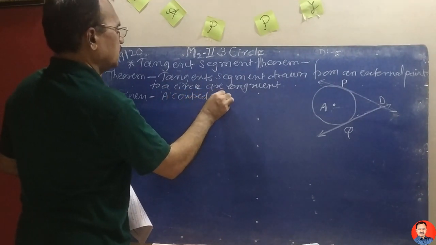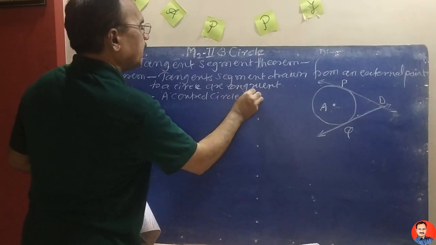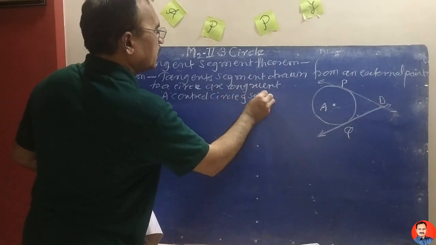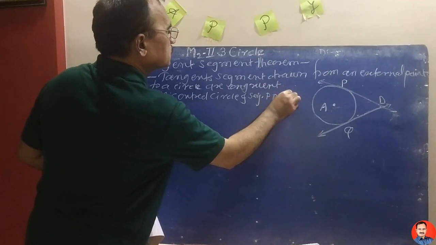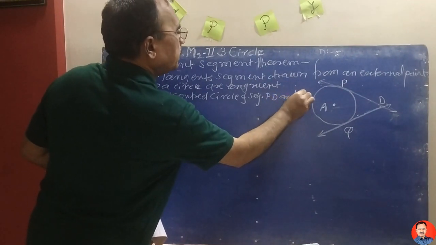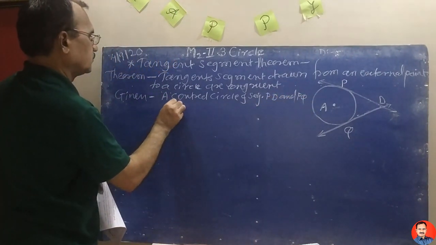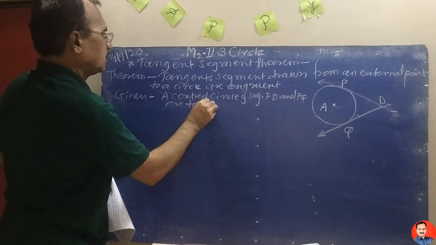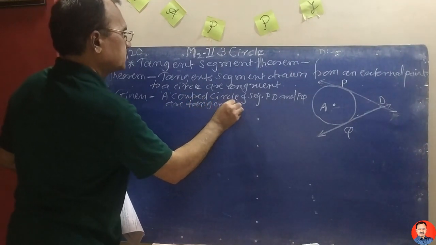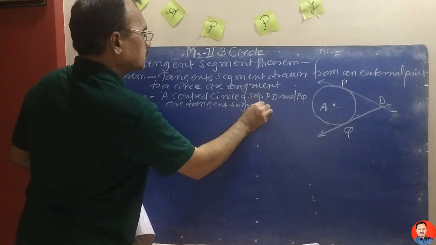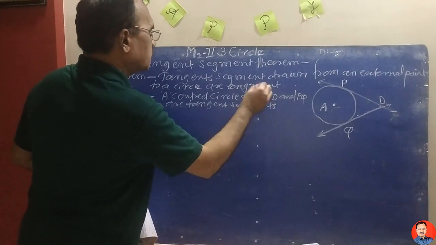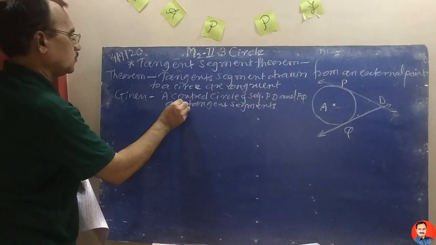Given: a circle with center A, and segments PD and QD are tangent segments. And what do we have to prove here?